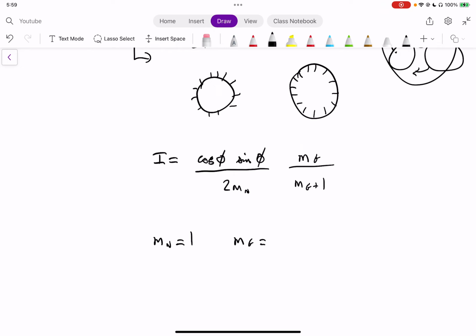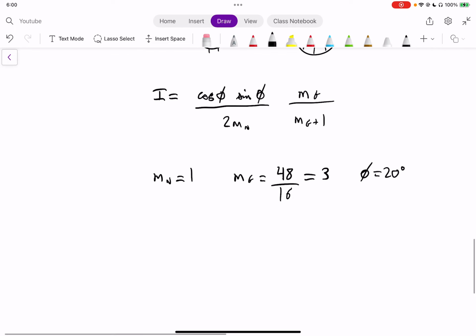Mg is going to be equal to the gear ratio. So it's going to be 48 over 16 in this case for our gear ratio between the gear teeth. And we get that mg is equal to 3. Now our pressure angle is 20 degrees in our problem, so we're going to use 20 degrees. And we find that I is equal to 0.1205.